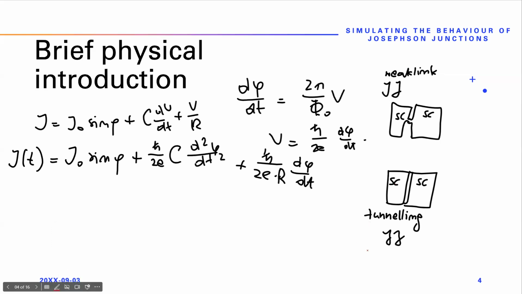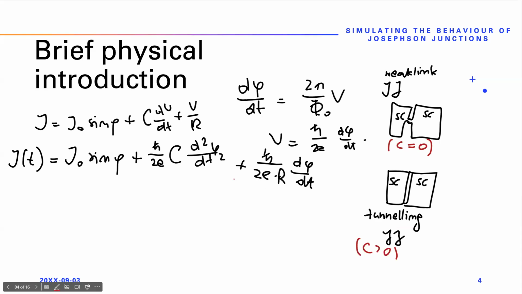And for a weak link, write that capacitance is set to 0. Because you have the same material, there is no sandwich. It's just narrowing. So in both cases, resistance is non-zero.